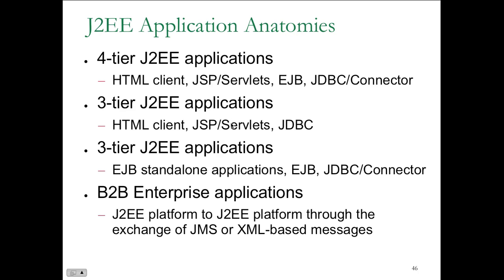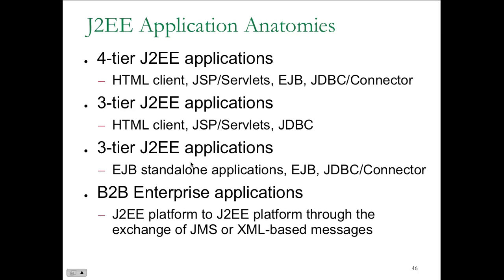The 3-tier is also usable, taking out the connector object and just going from an HTML client to a JSP servlet environment to a JDBC. And believe it or not, Eclipse and NetBeans provide a really nice interface to all of these technologies, which would be the development tool of choice.